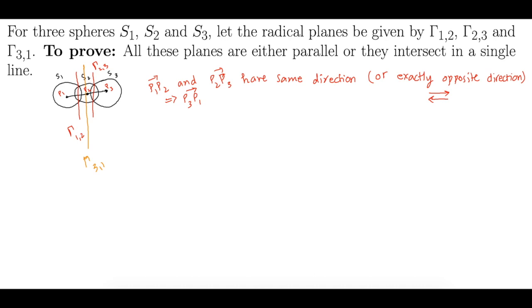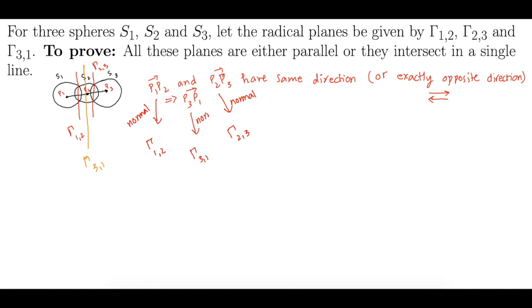If this is the case, then what is this? So r1 2 has this normal vector, because we have already seen that the line joining the centers is always normal to the plane. So this is the normal vector of gamma 1 2, this is the normal vector of gamma 2 3, and this is the normal vector of gamma 3 1.